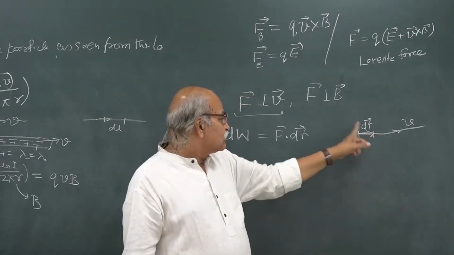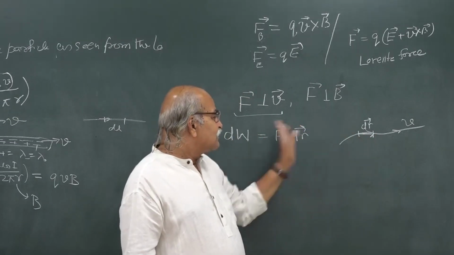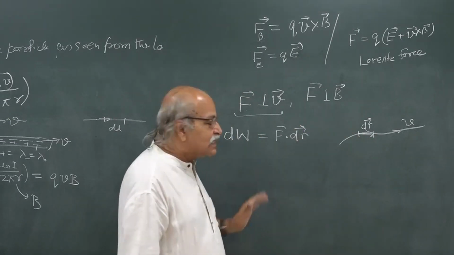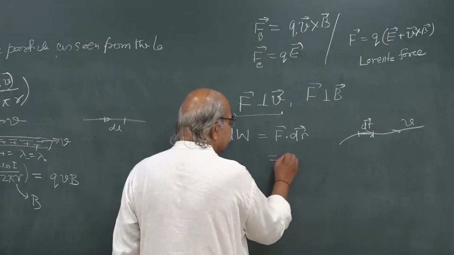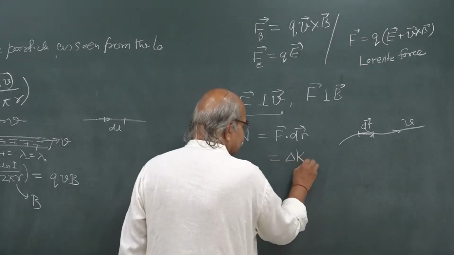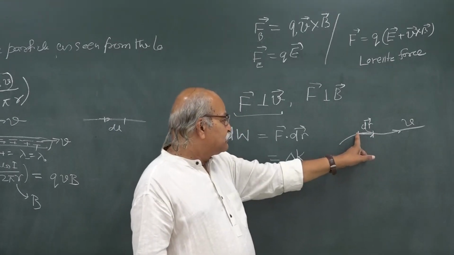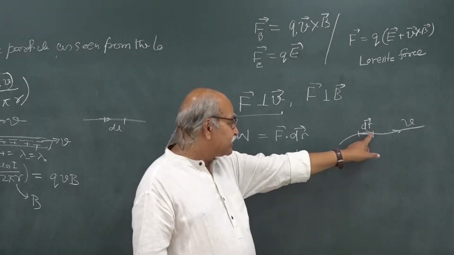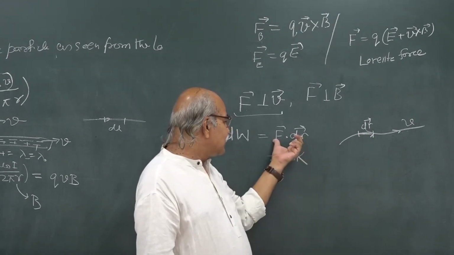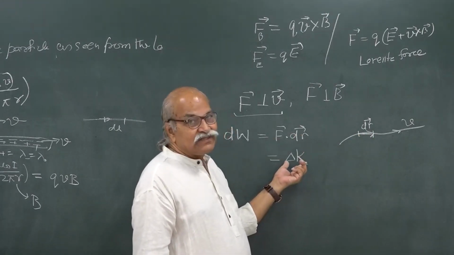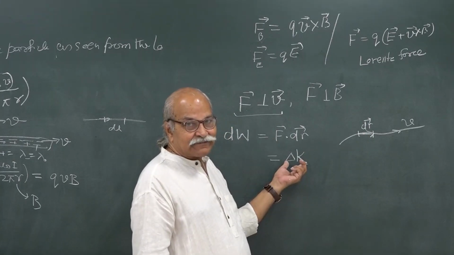So, force dot product with dr, that is the work done by definition, and this is equal to change in kinetic energy. From going from here to here, if speed changes, then the kinetic energy changes, and this quantity is same as the change in kinetic energy.